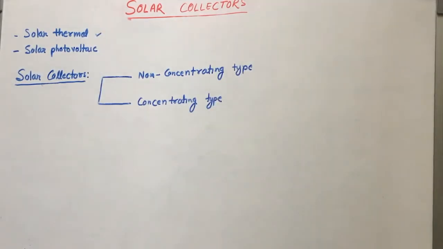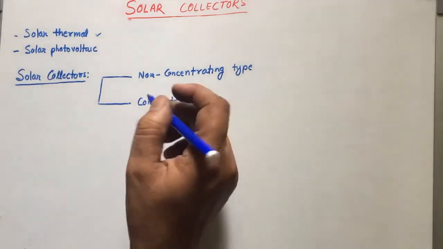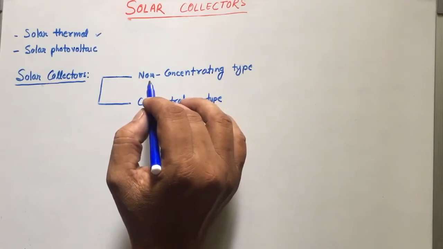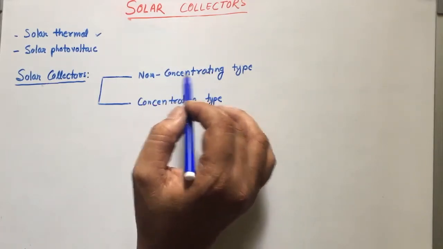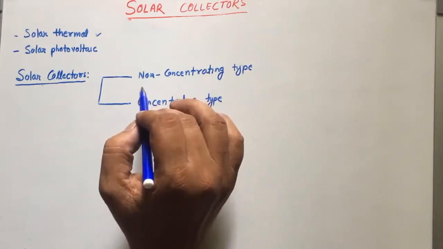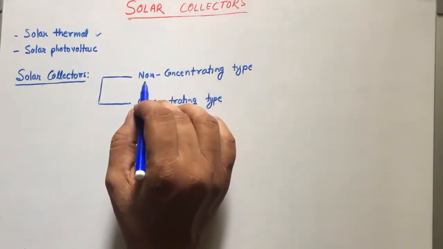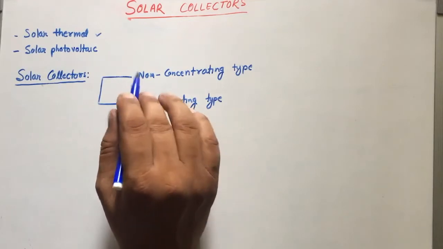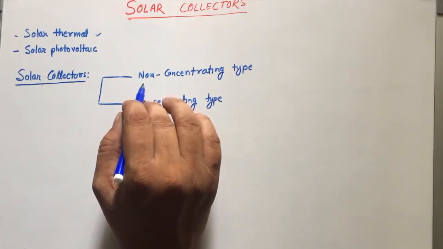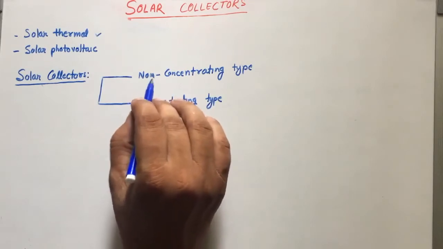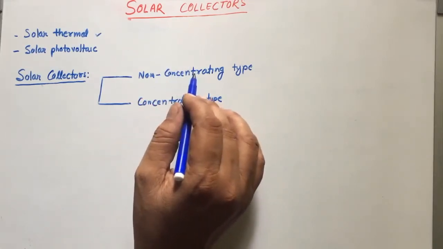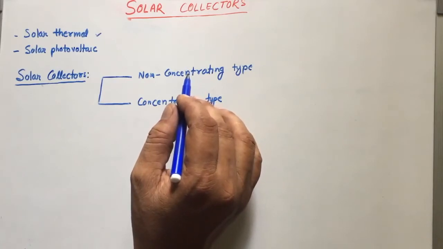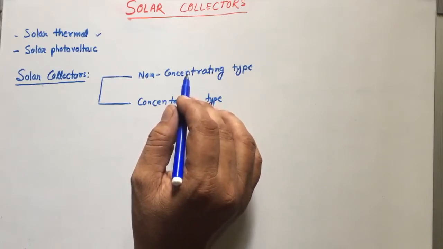From the name itself it defines what these are. Non-concentrating means the radiations coming from the sun, they just collect those radiations directly and transform them into heat, and that heat is transferred to the fluid, and that fluid can be utilized or stored in a different form.